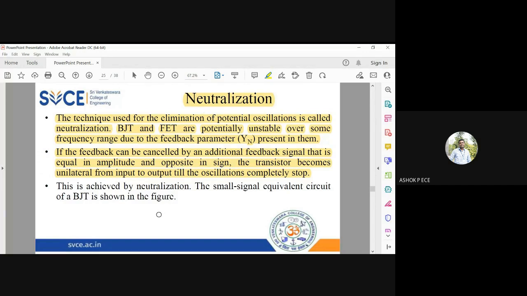If the feedback coming from your feedback component is plus 2 volt, I need to give the same 2, but opposite in sign, minus 2. So effectively, if I add them, it becomes 0, and my potential oscillations are completely stopped. This technique of introducing an equal and opposite feedback is called neutralization. And we are going to see how we can introduce this neutralization technique in practice.